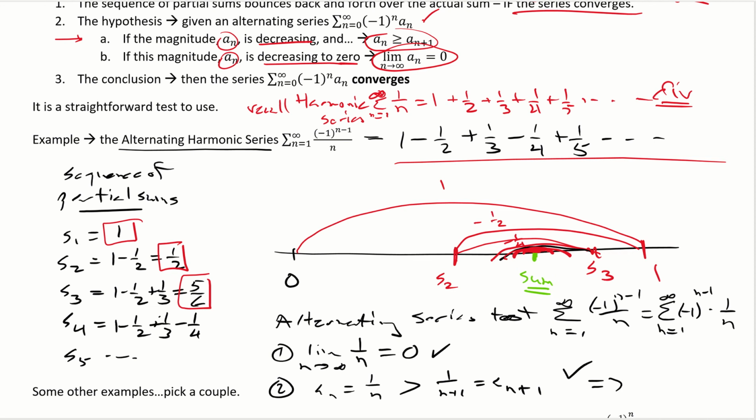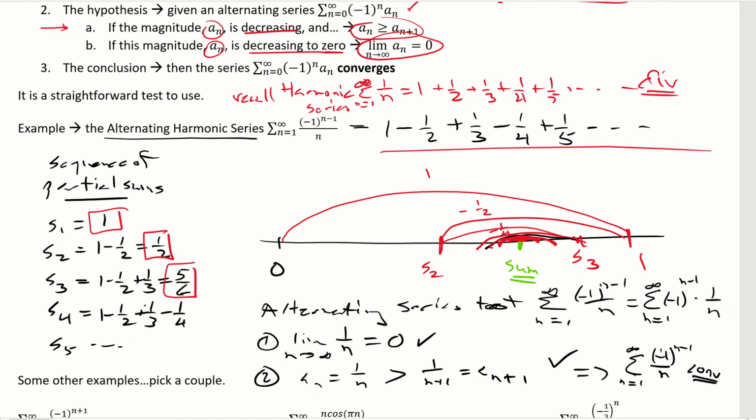Punchline, the series of minus 1 to the n minus 1 over n, n equals 1 to infinity, converges. Those are the two things you have to check. Is it decreasing to 0? If the limit as n goes to infinity of a sub n does not equal 0, then it's bouncing back and forth, whatever the limit is, it never shrinks any lower.